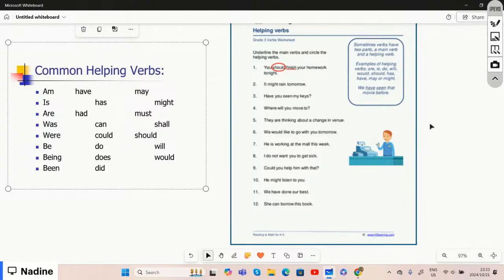Yoda gave us an example. It says, you should finish your homework tonight. Should is circled because that is a helping verb, and our main verb is finish.